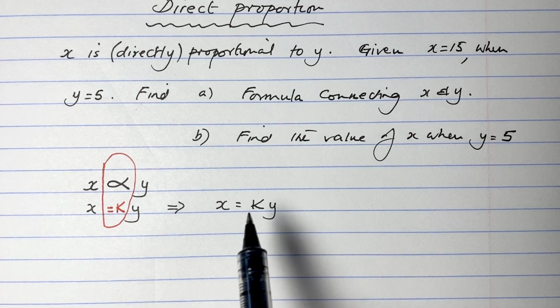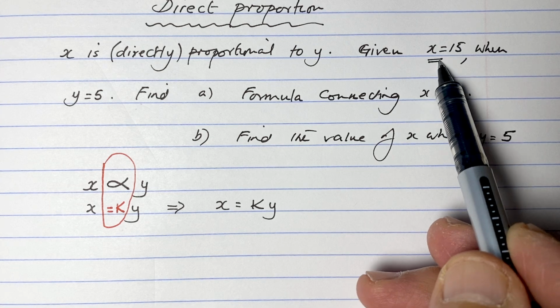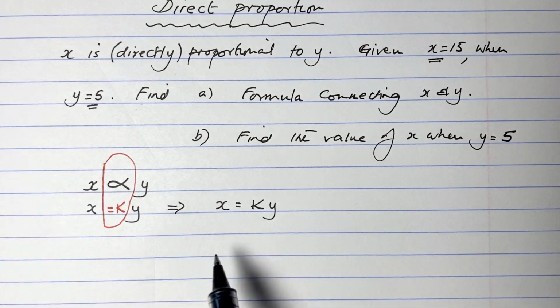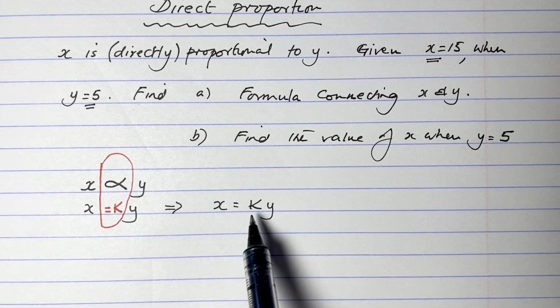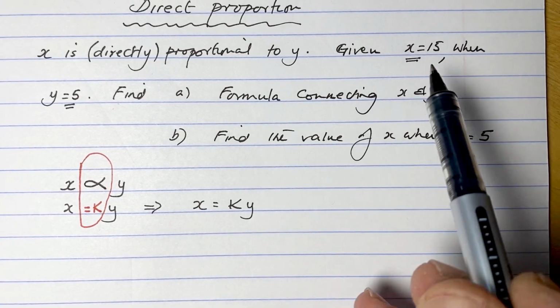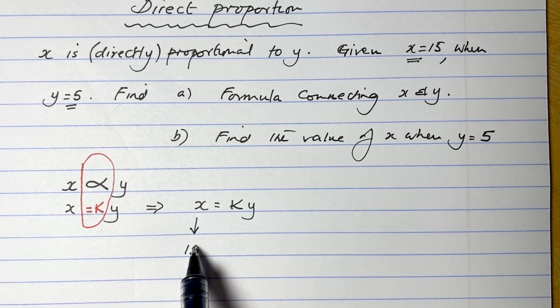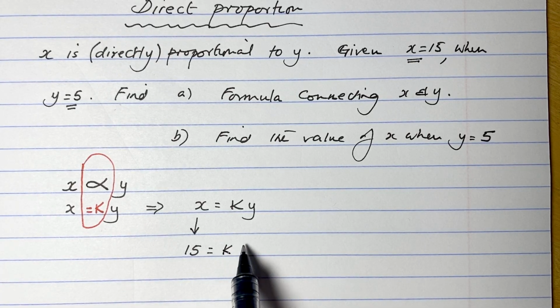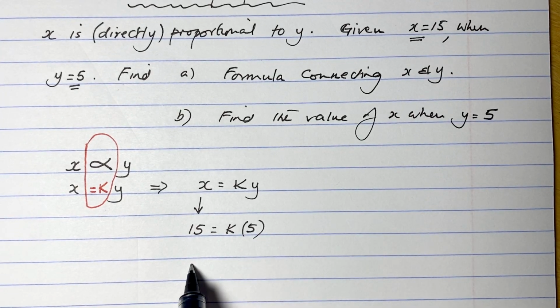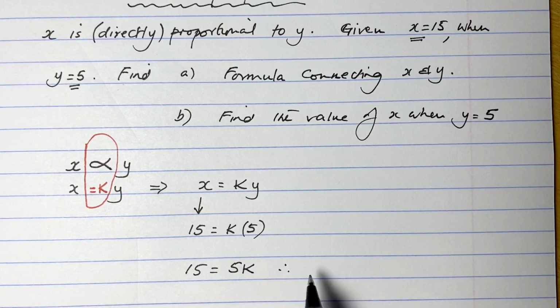Now, we are using the initial condition. It said when x is 15, y is 5. Because we need to calculate k, and we need information regarding x and y. So I'm going to replace x as 15 and y as 5. So that means 15 equals 5k. Therefore, k equals 15 divided by 5, which is 3.